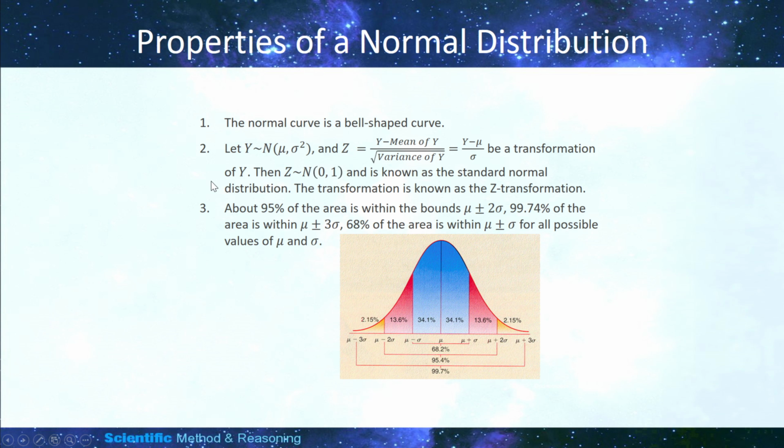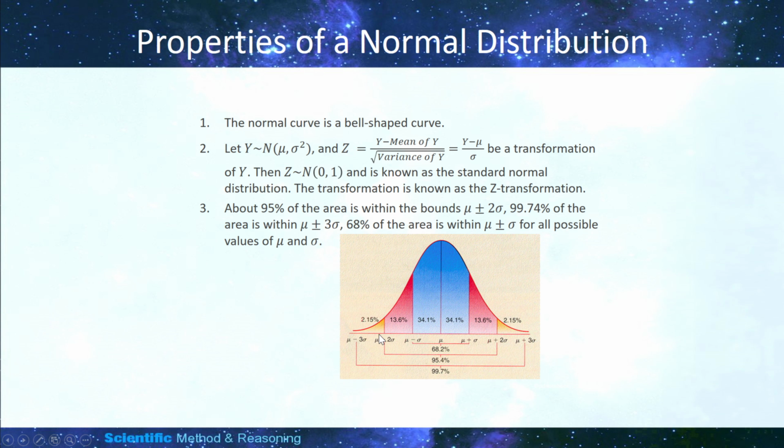The third property says about 95% of the area is within the bounds mu plus or minus 2 standard deviations. That means we have the mean here for a normal distribution, and we have mu minus sigma, minus 1 standard deviation, minus 2 standard deviations. And to the right hand side, we have mu plus 1 standard deviation and mu plus 2 standard deviations.